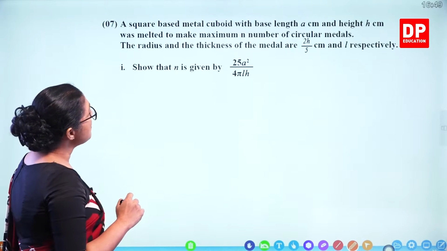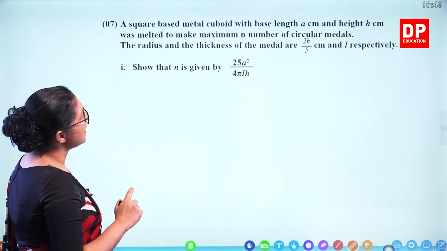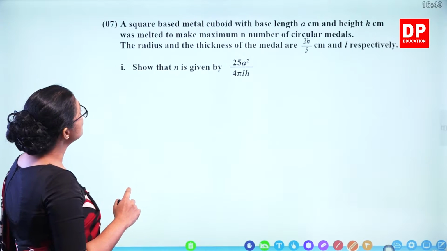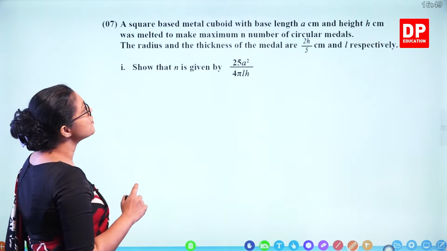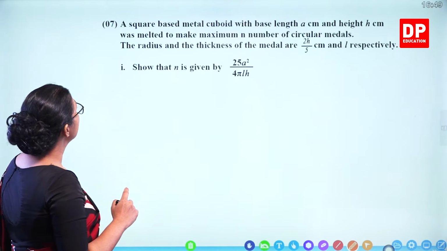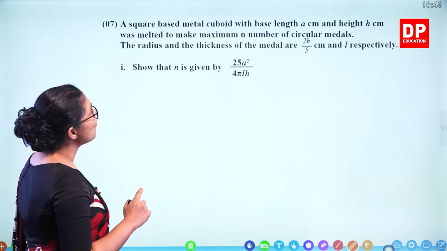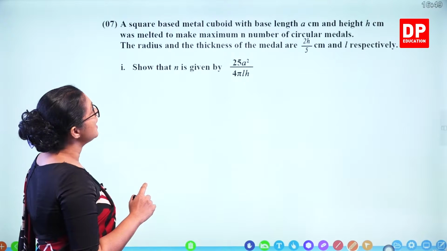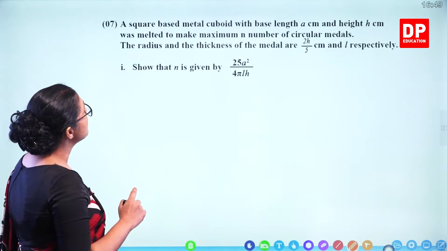A square-based metal cuboid with base length A centimeters and height h was melted to make maximum n number of circular medals. The radius and the thickness of the medal are 2h over 5 centimeters and L. Show that n is given by this.